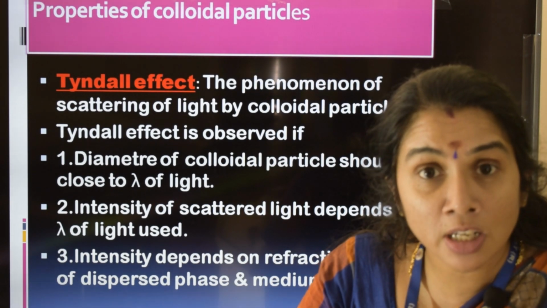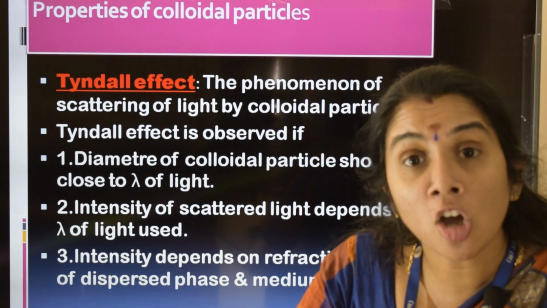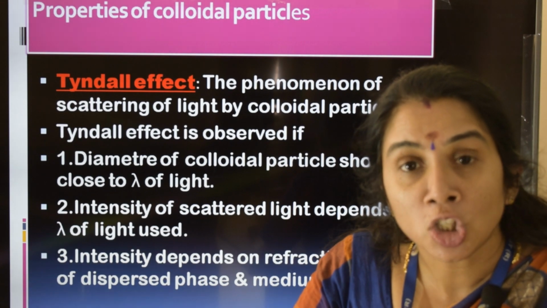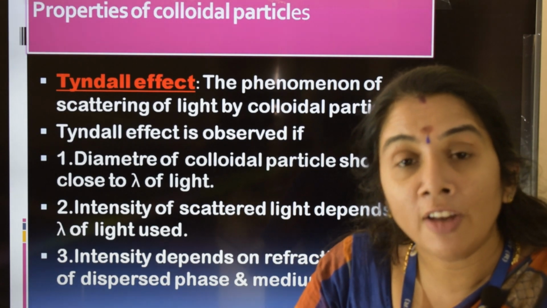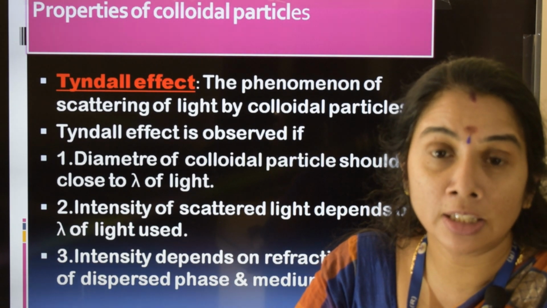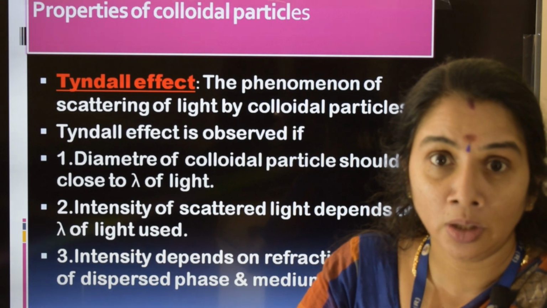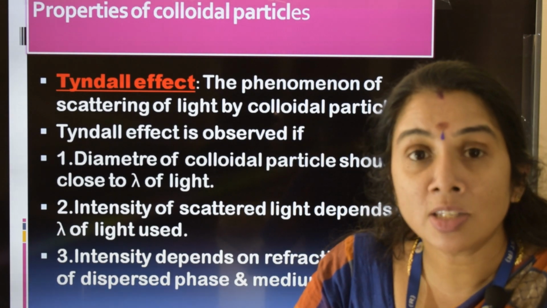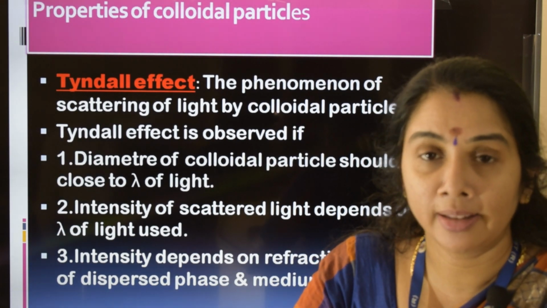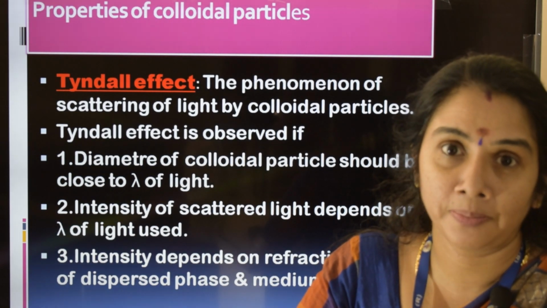the diameter of the colloidal particle is very close to the wavelength of the light. As you know, the diameter of a colloidal particle is within the range of 1 nanometer to 1000 nanometers. So light rays which fall in this range can undergo scattering by colloidal particles.